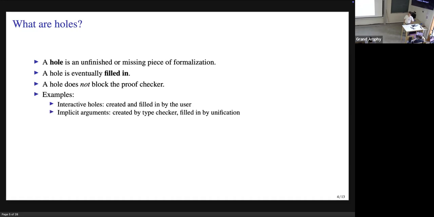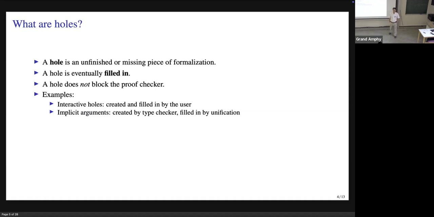So what are some examples? There are lots of examples, but maybe the two that are most familiar to most people here, especially if you've used Agda before, or any proof assistant really, are interactive holes that the user will create, and then also the user will fill them in.